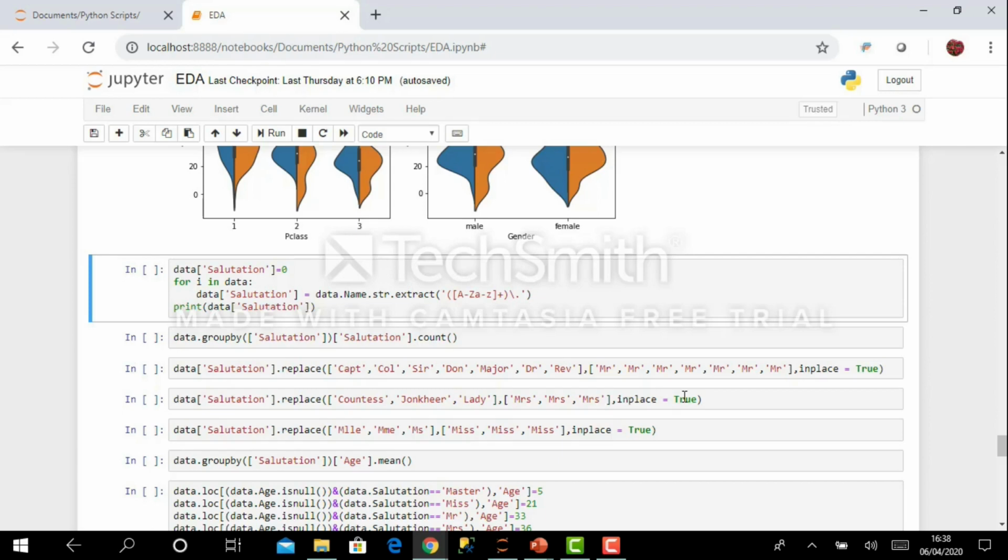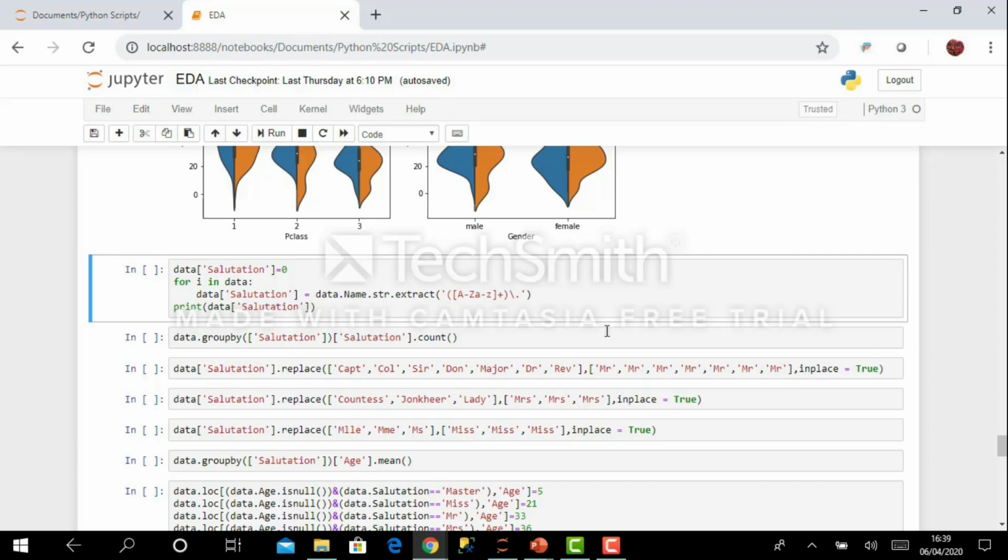In this data set there is a column called name of the passenger, and most of the time these passenger names have a salutation, like Mr. X, Miss Y. So I can take help of that.